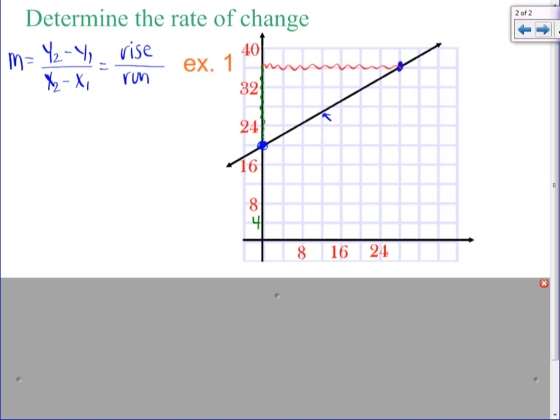So what is the rise, that green number? 16. Okay, what's the run? How long is the red line? 28. Okay, what's that simplify to be? Okay, that's the rise over run. Questions there?